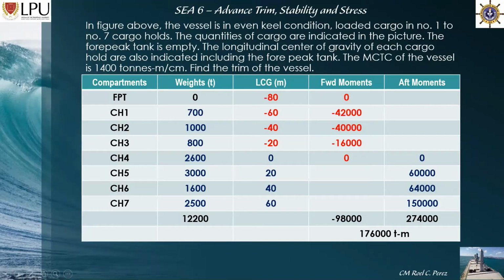Okay, here is an example in the figure. This one should be below. I just copied this. So, the vessel is in even keel condition, and then loaded cargo in number 1 to 7 cargo holds.